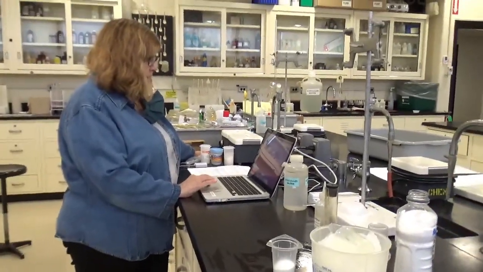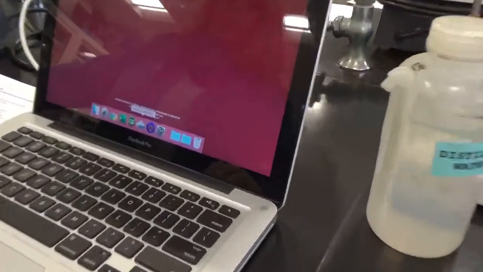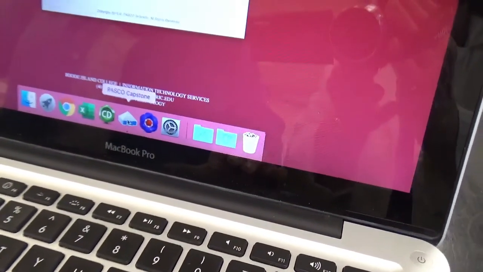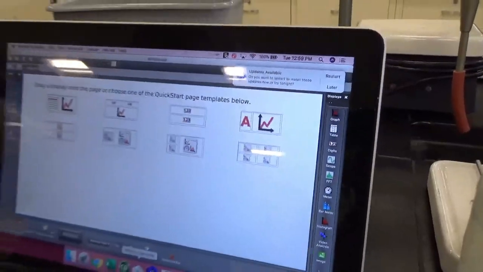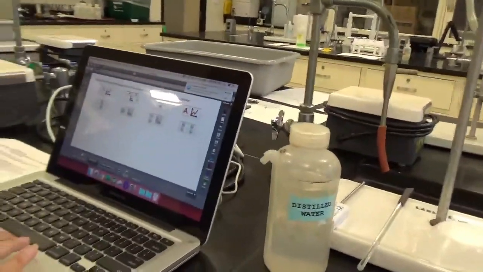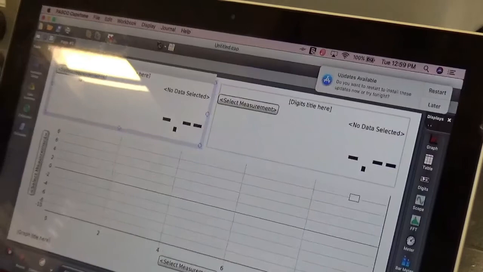So I'm going to go over here and click on this weird looking pyramidal icon called the Capstone icon. It's opening up the software. And I'm going to choose one of these types of displays. I'm going to click on select measurement.